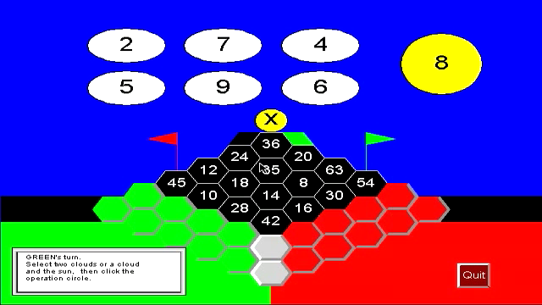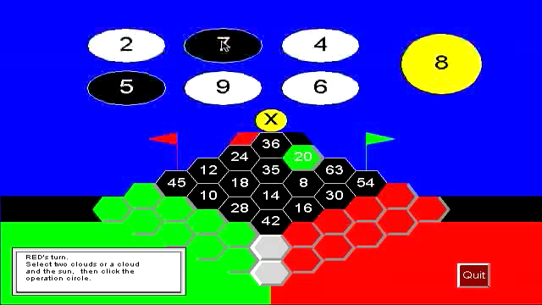There are no wrong answers, but knowing the operations gives you a better chance of picking the block that you want. For example, green goes first if green wanted 20, so that would be 4 times 5. And if red wanted to block with 35, that would be 5 times 7.